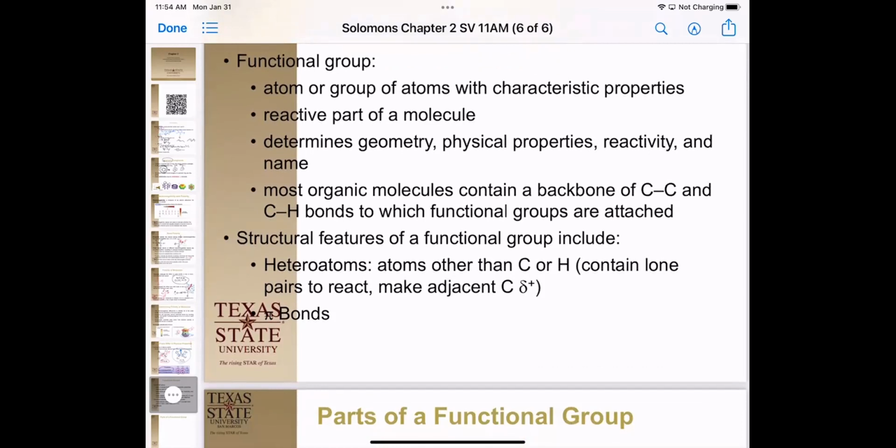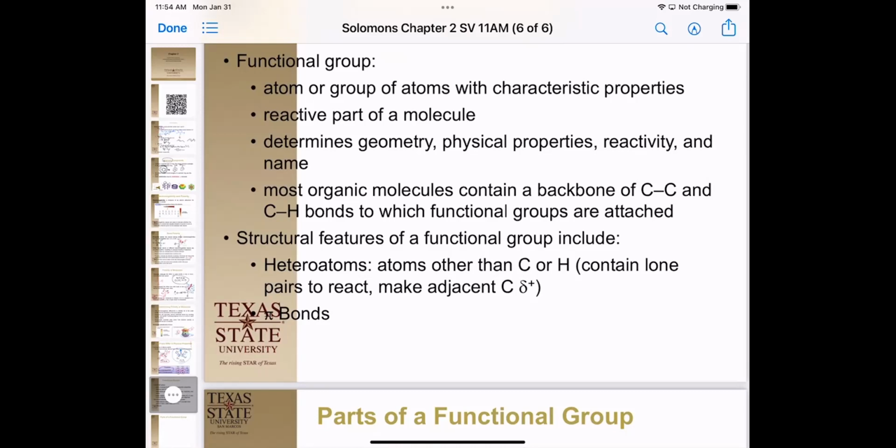So anything that has something other than carbon and hydrogen in it has a heteroatom, and therefore it usually has a functional group. Now if we think about our heteroatoms, we're going to see that there's going to be bond polarity with most of them. So that's going to come into play again. All right, questions on that?